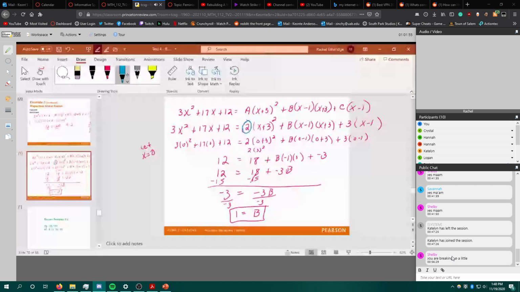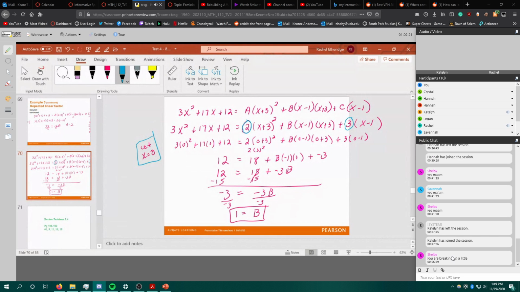And then I had to choose another X, and I just suggested X equals 0. You can pick anything you want and plug it in for X. Once I substituted a 0 in for X, it made the math a lot easier to do, and all I had left to solve for was the B. Okay, thank you.